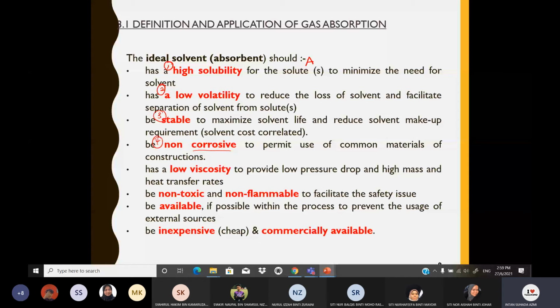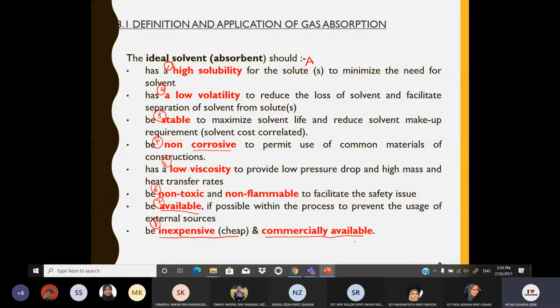It should be non-toxic and non-flammable. And of course, the solvent must be available. In costing and economy, an industry will choose a cheap and commercially available solvent. So far, okay guys? Okay, madam.